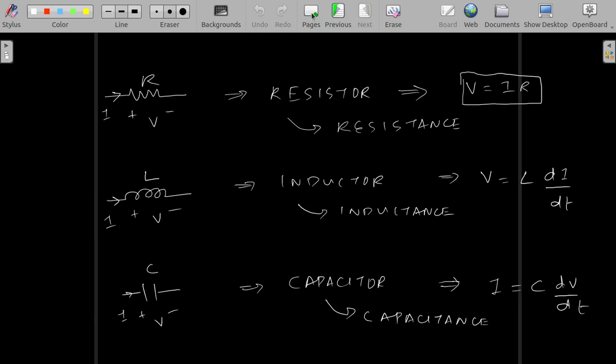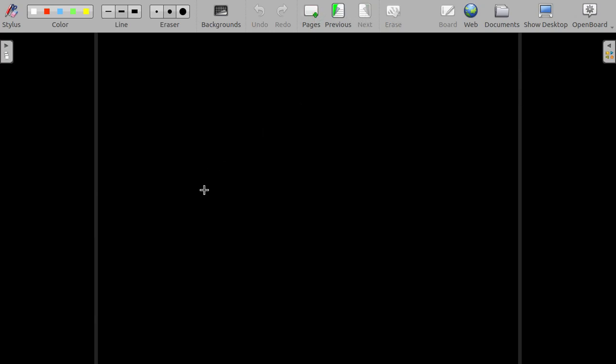Okay. So before winding up this lecture, let me give one more small definition. So I am drawing two figures here, right?